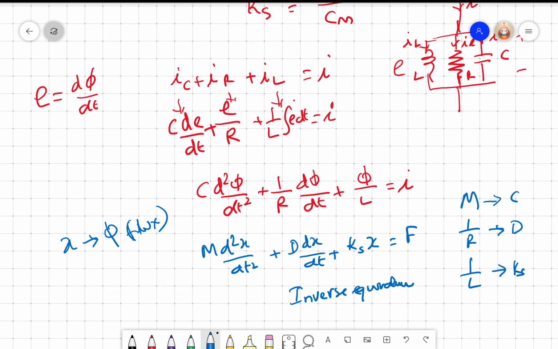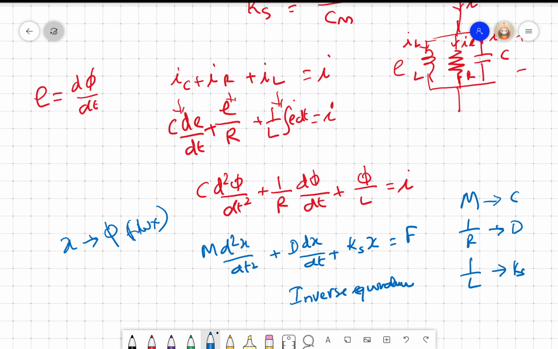A mechanical system can be considered as an equivalent electrical circuit. If we use the LRC circuit in series, we get one set of equivalents where mass becomes inductance, resistance becomes damping constant, and 1 by capacitance becomes the spring constant. On the other hand, I can also put an equivalent which is the parallel LRC circuit. In that case, displacement becomes flux, force becomes current, right, and so on.